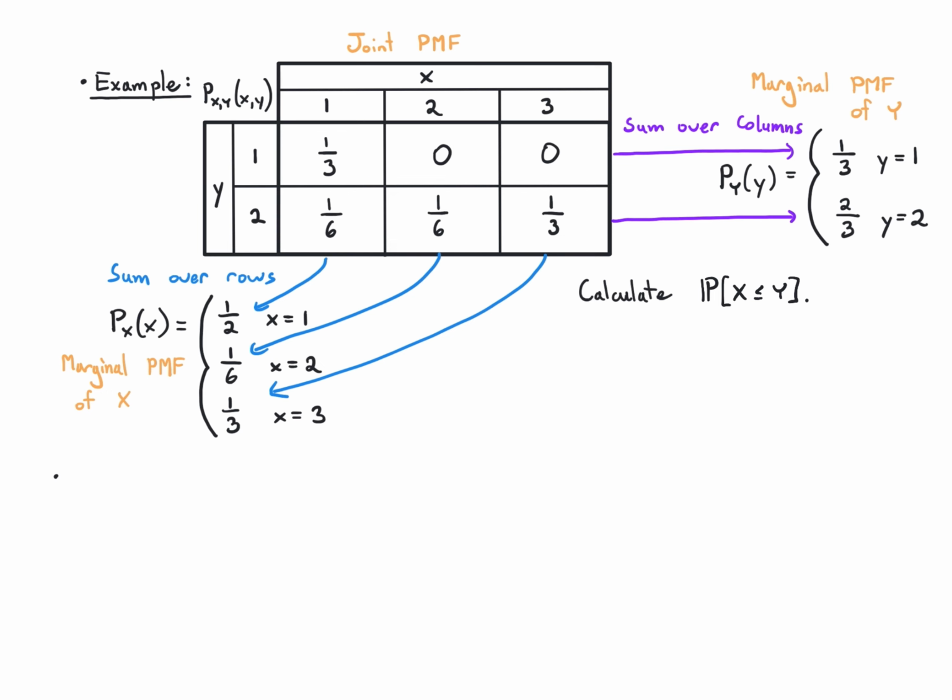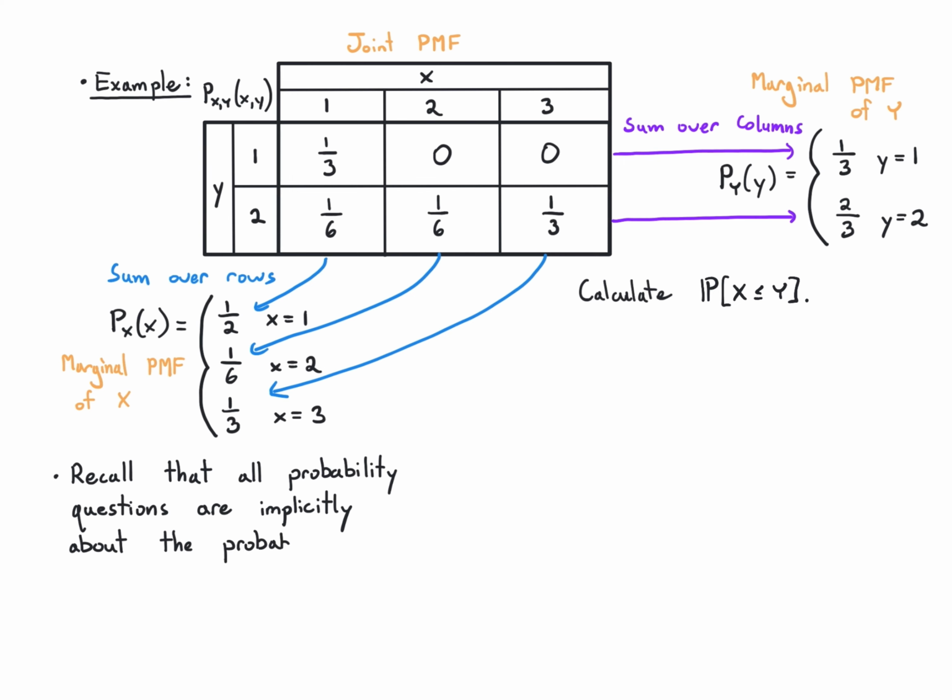The thing I want you to keep in mind, whenever you see any kind of condition in this probability expression, is to remember that any probability question that anyone asks you, however it's written, is always about membership in a set. In this case, it's implicitly about the probability that you belong to a particular set.